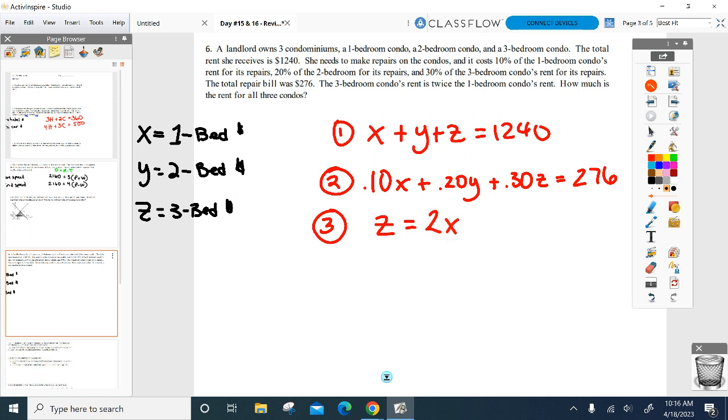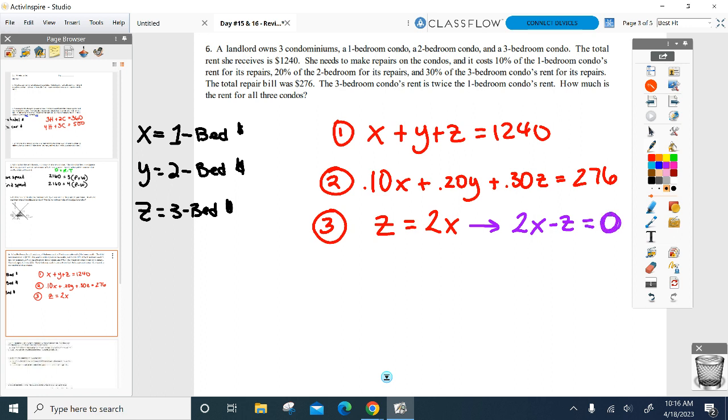And you know, I'm not a big fan of that. I like my variables on one side. So can we make a class decision? When you're ready to start this, you want the Z over or the 2x over? You can do either. Z over. So then you guys should have 2x minus Z equals 0.